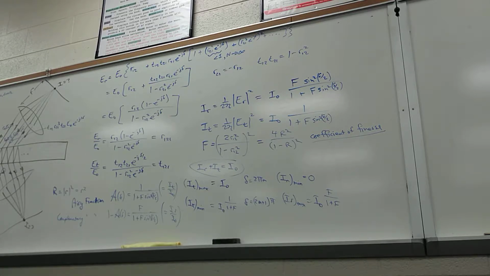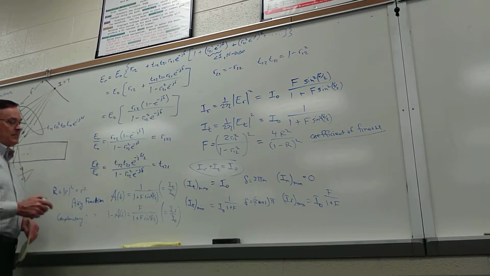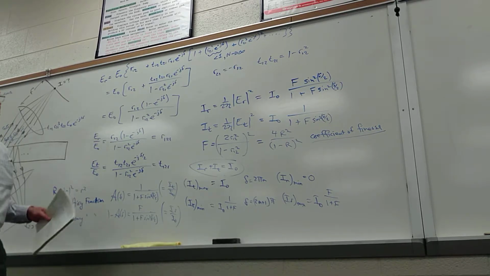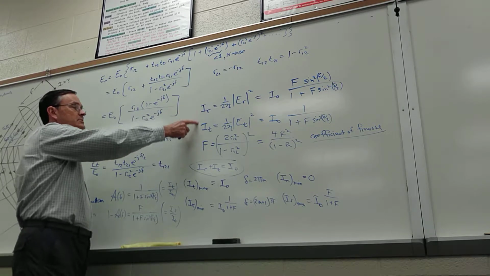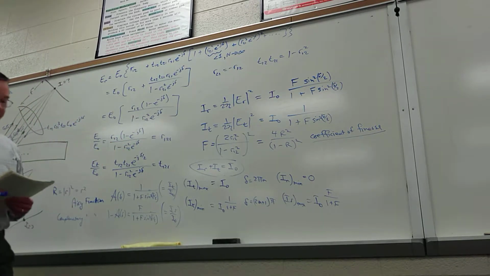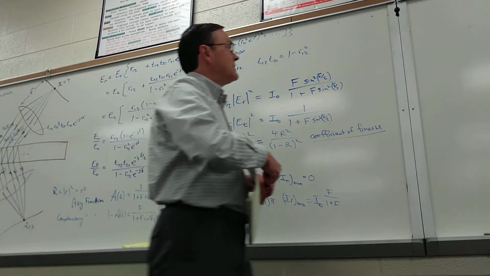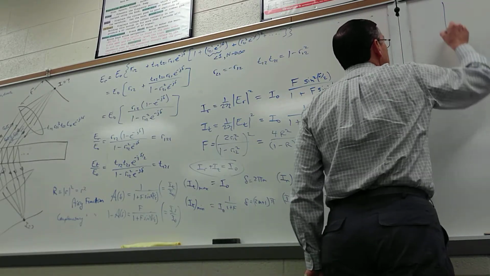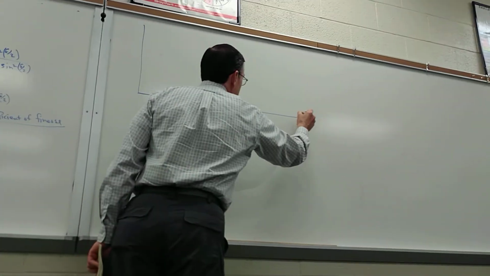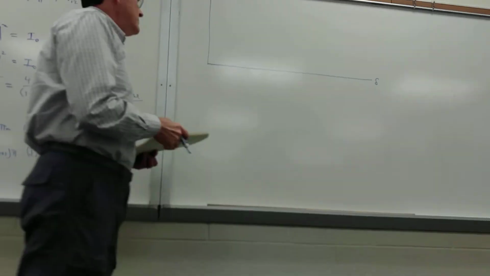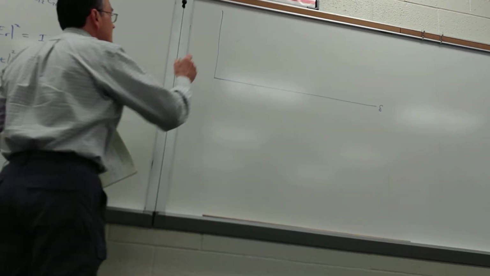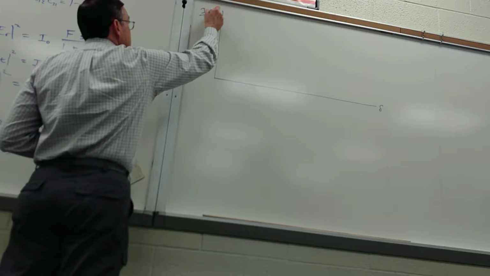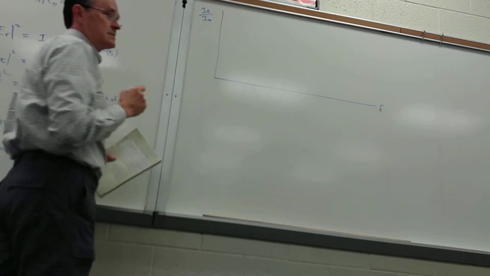Okay, so what we want to do now is get a feel for what these things mean, which is the same thing as saying reflected and transmitted irradiance. What does it look like? And so let's plot as a function of delta what the transmitted irradiance divided by the incident irradiance looks like.